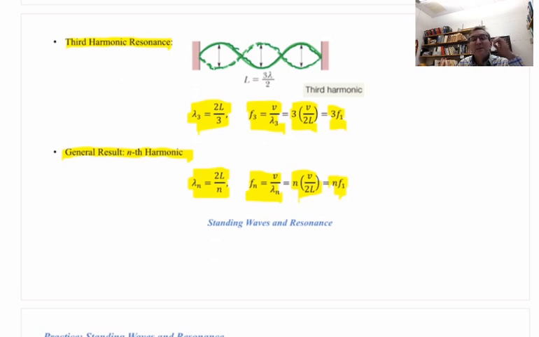It's n times f1. So the frequencies go up as integer multiples of f1. And these are very handy little formulas. And musicians who play stringed instruments in particular learn a lot, in a very theory into practice way, about creating harmonics in vibrating strings.